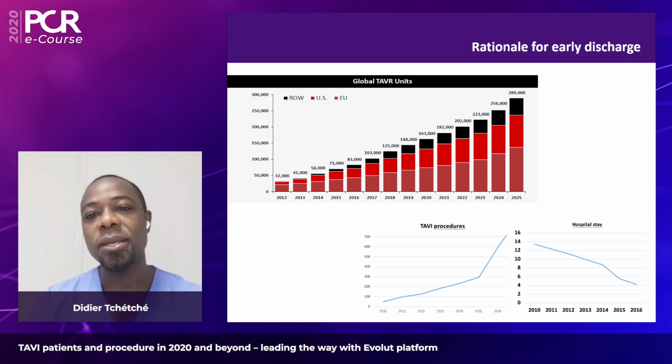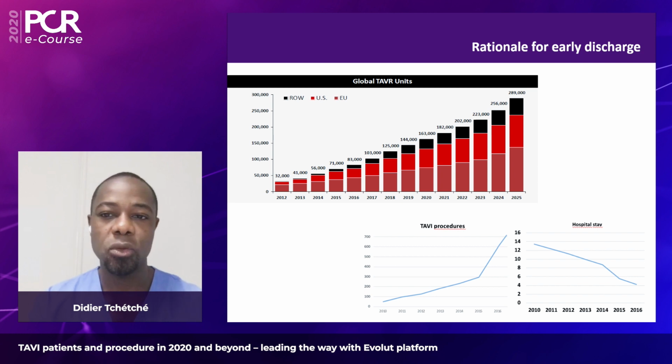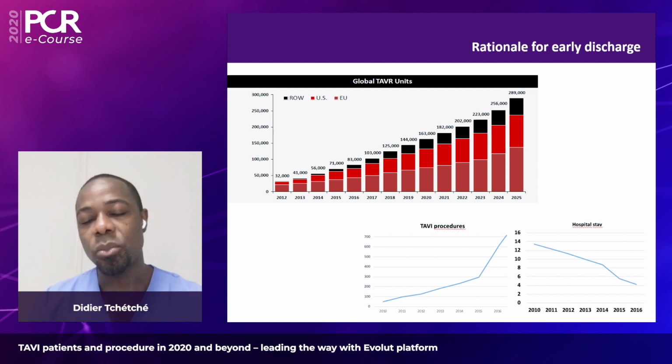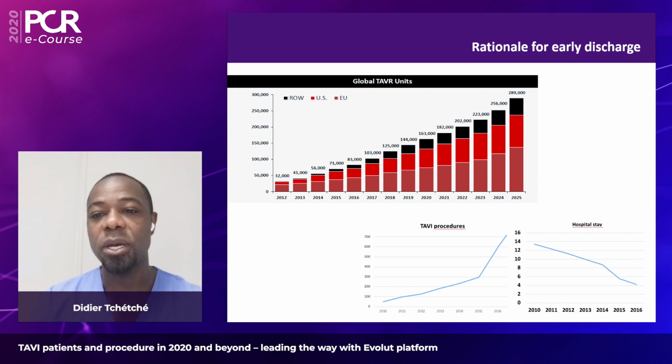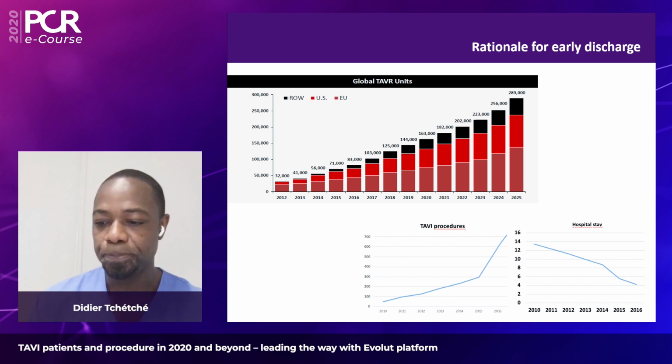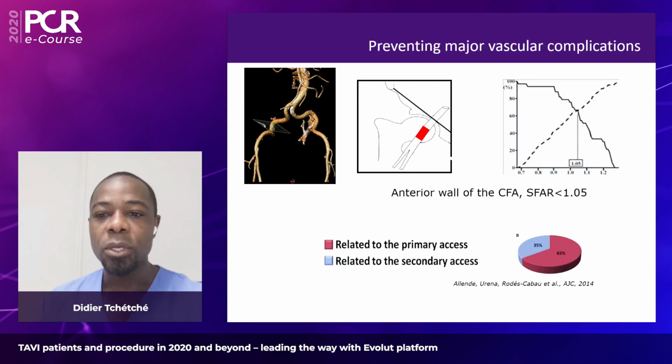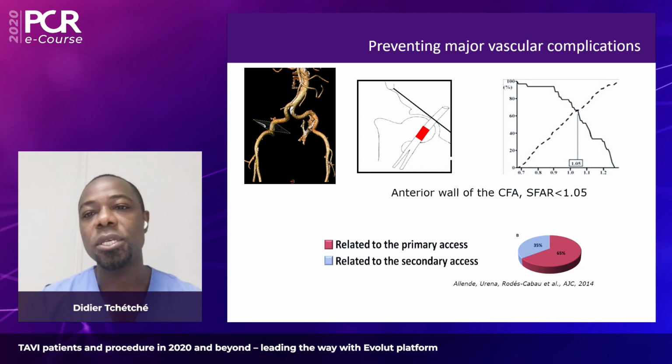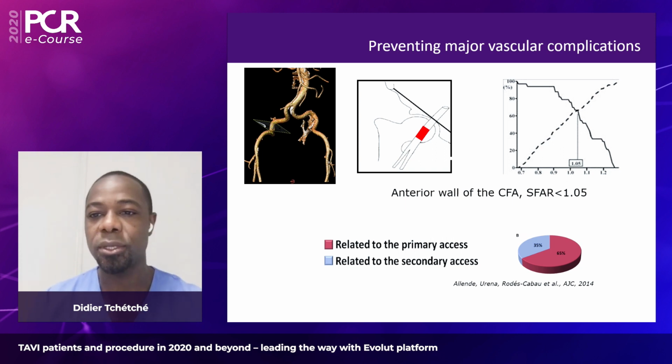So we had to find solutions to be sure that we can discharge the patient early, but in a safe manner. And this is really important. Early discharge has to equal safety for the patient. So there are several issues that we have to take into consideration to make sure that the patient is not going to have any complications once he gets back home.